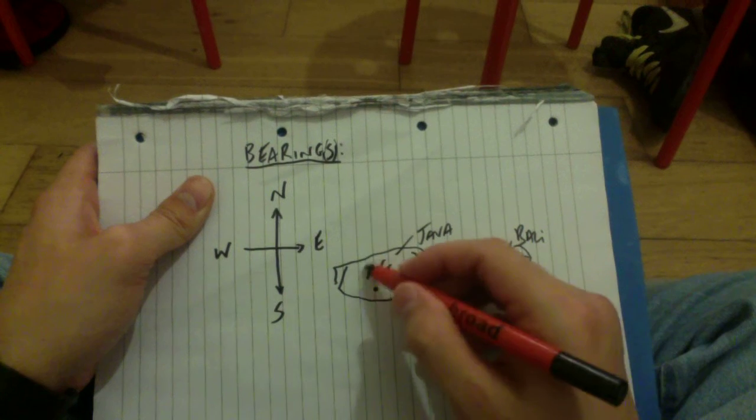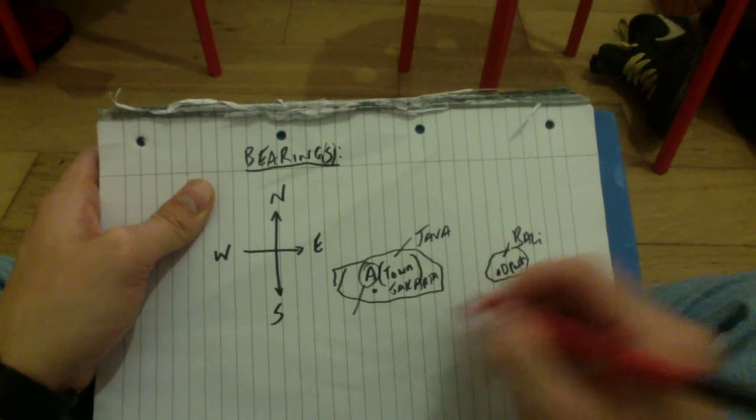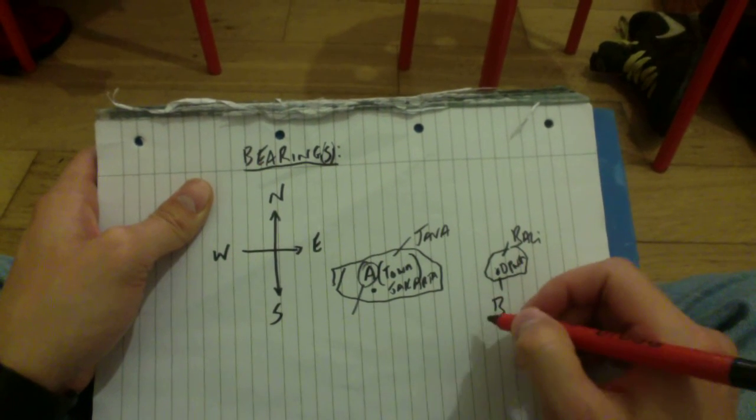So we would say this is point A, which is Jakarta, this is point B.